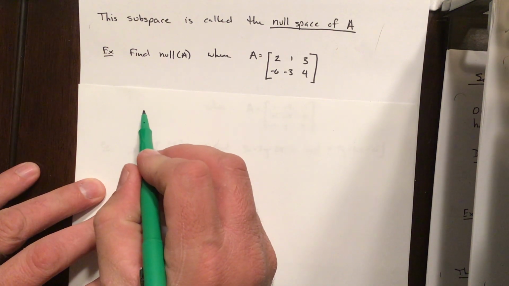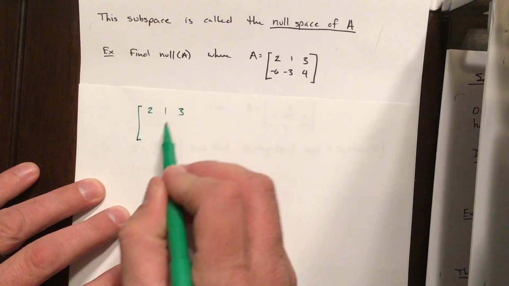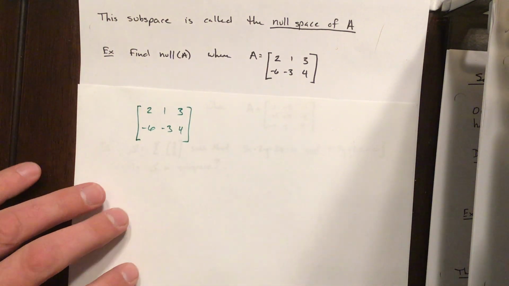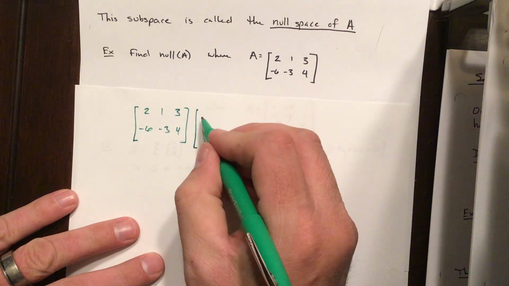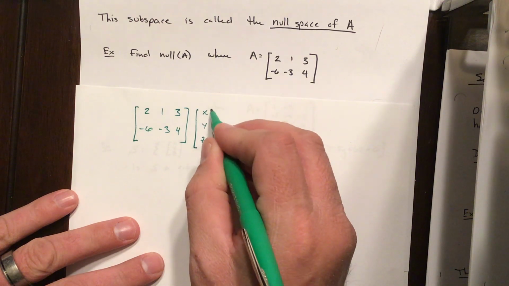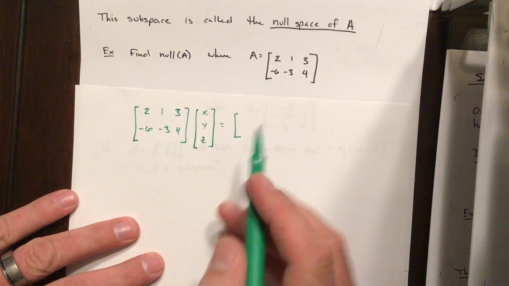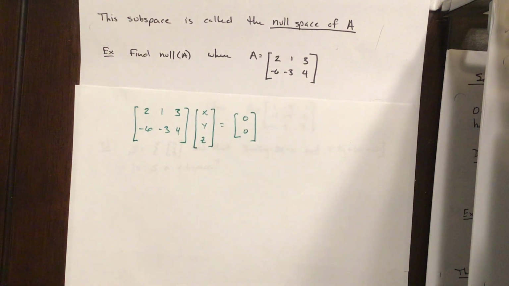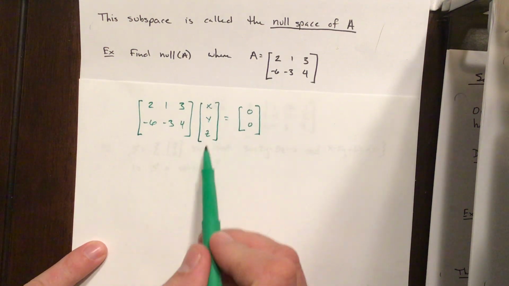I'm looking for the set of all vectors, let's call them x, y, z, that get sent to, so that's a 2 by 3 times a 3 by 1, the 0 vector.